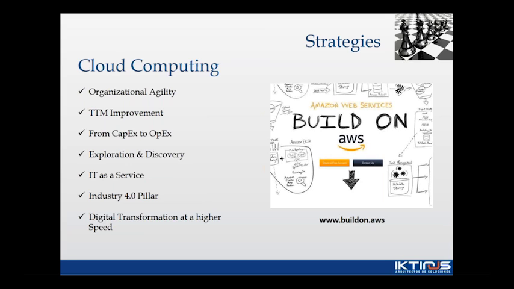And lastly, we can start the digital transformation at a higher speed. We see all of this digital transformation at a speed that we cannot reach with on-premise practices or on-premise technologies.